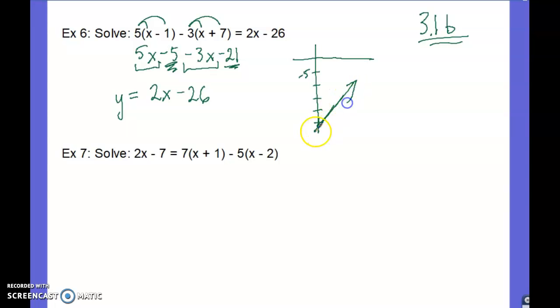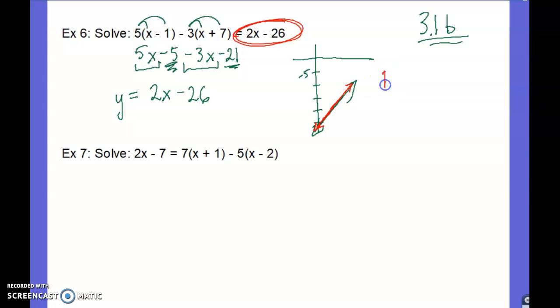Well, if you look at the other equation, let me switch colors, maybe I'll do red. 2x minus 26, oh, well, it has the same starting point and the same slope. So what that means is, as far as the point of intersection goes, is that they share every point.